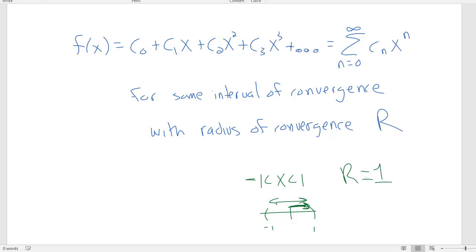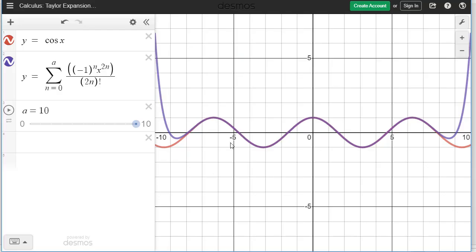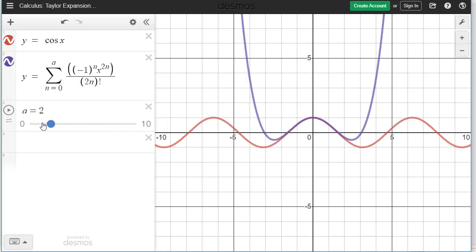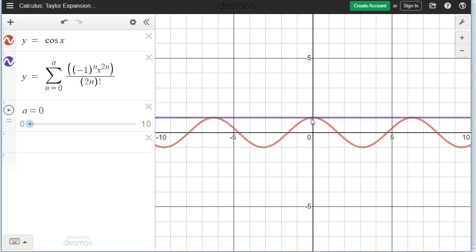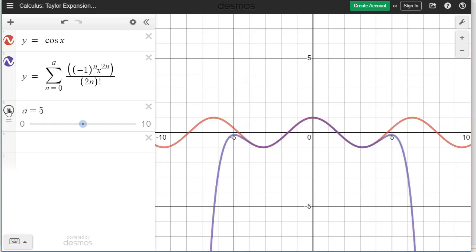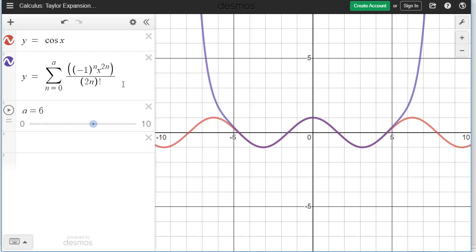Now, what we can do is move the center of the series. When I think of the sine series or the cosine series, let me bring my graph back up real quick. When I look at the cosine series, remember the convergence began at 0, and the convergence spread from there. If we go back and look at the series for sine x, we see the same behavior.